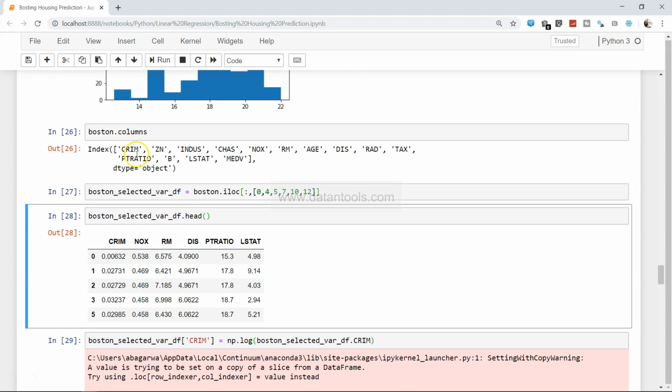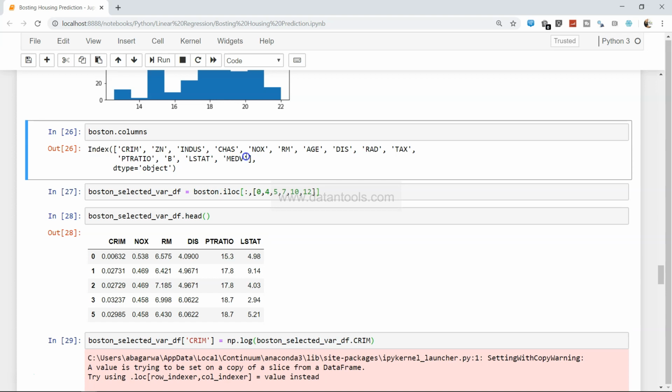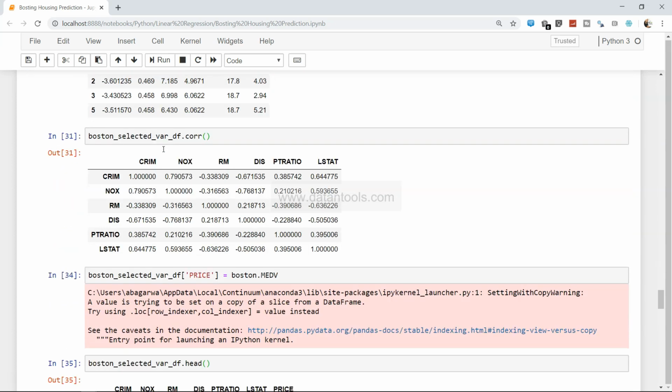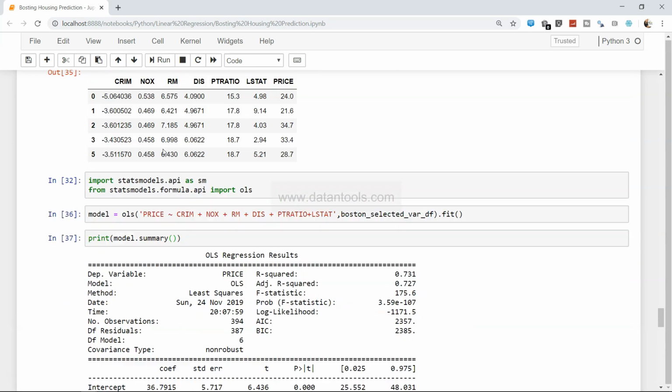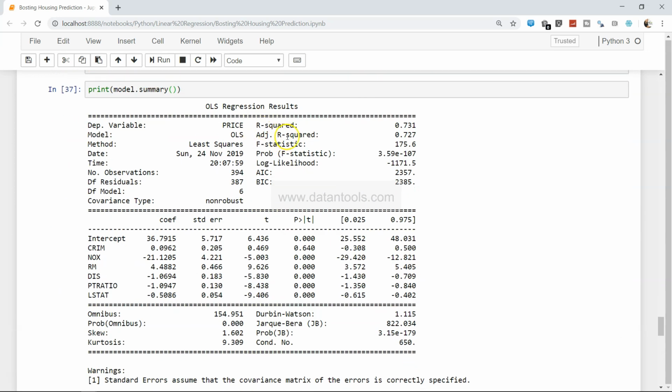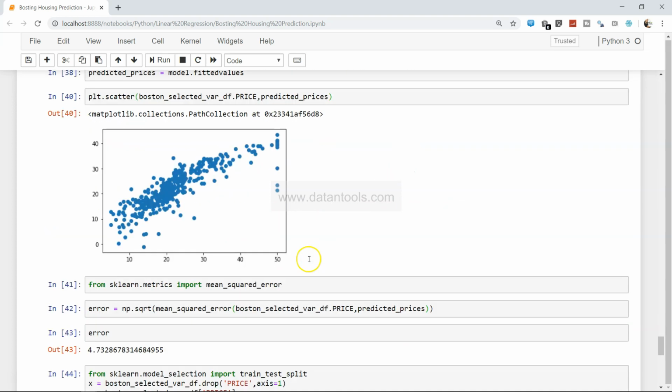What you can do is build the model on the entire set of columns, or experiment with a couple of different columns like age, tax, or ZN, and see how you are getting the results. With this, you will have good practice and see how adding or removing variables impacts values like R square or adjusted R square, and whether they satisfy the criteria of our P statistics or not.